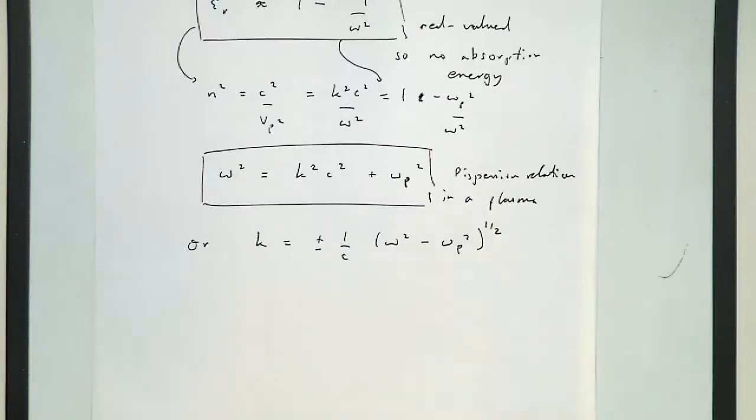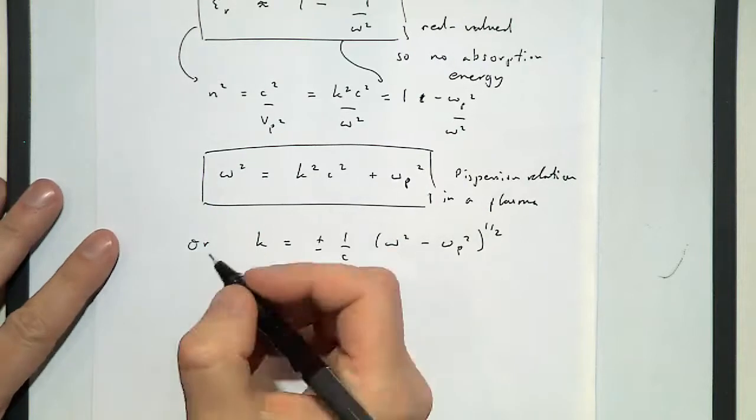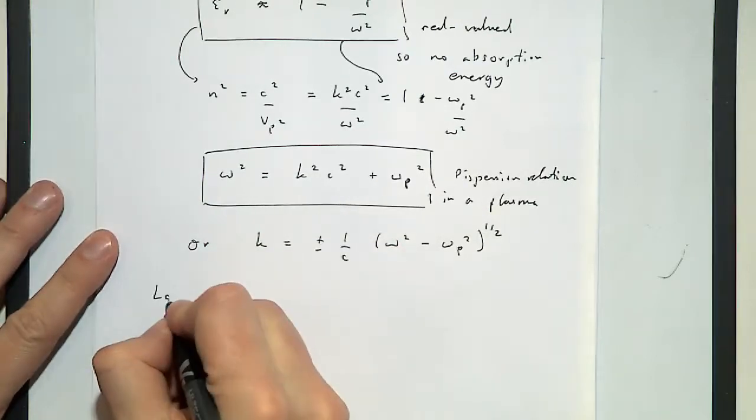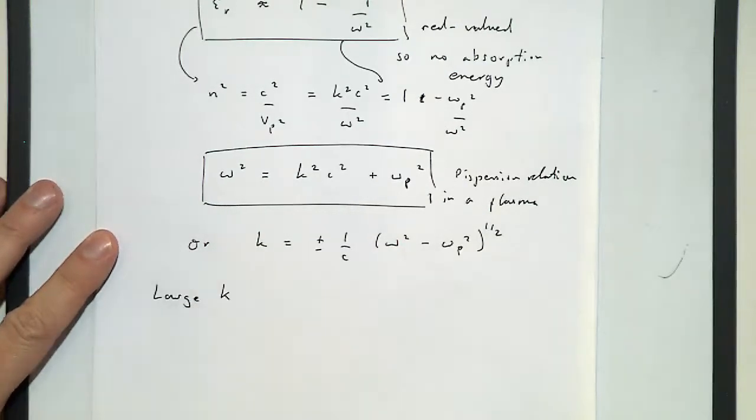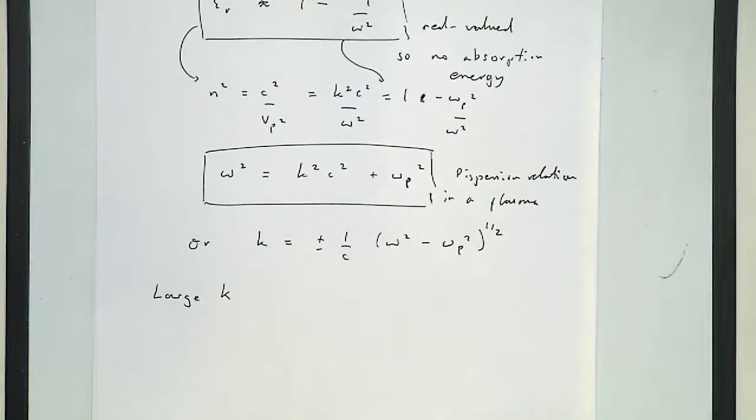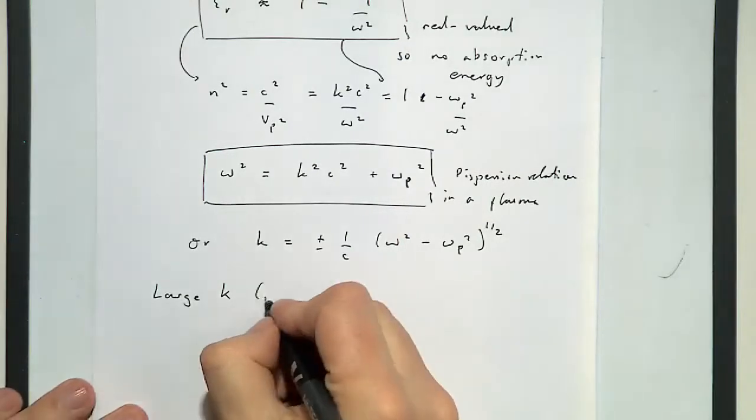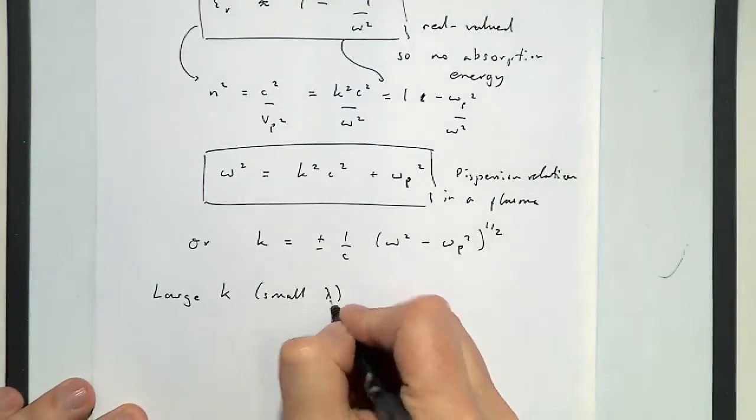So straight away we can see that we should be seeing different regimes. We always consider low and high frequency regimes, as we always do. We're going to look at it in a slightly different way this time. We'll think about, firstly, the large k situation. Remember that k is 2 pi over lambda, so a large k is a small wavelength.